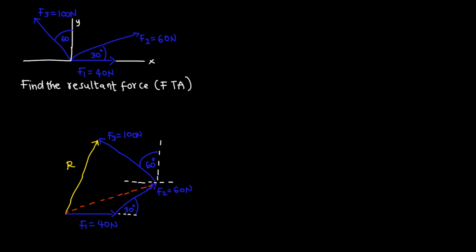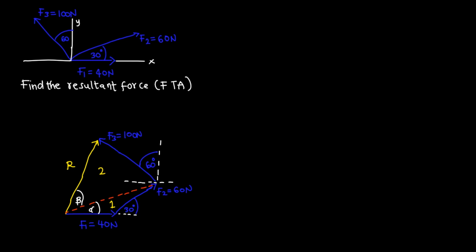I'll name this angle here as alpha, and this angle here as beta. Alright, so we have two triangles here. I have this as the first triangle, and I have this as the second triangle.